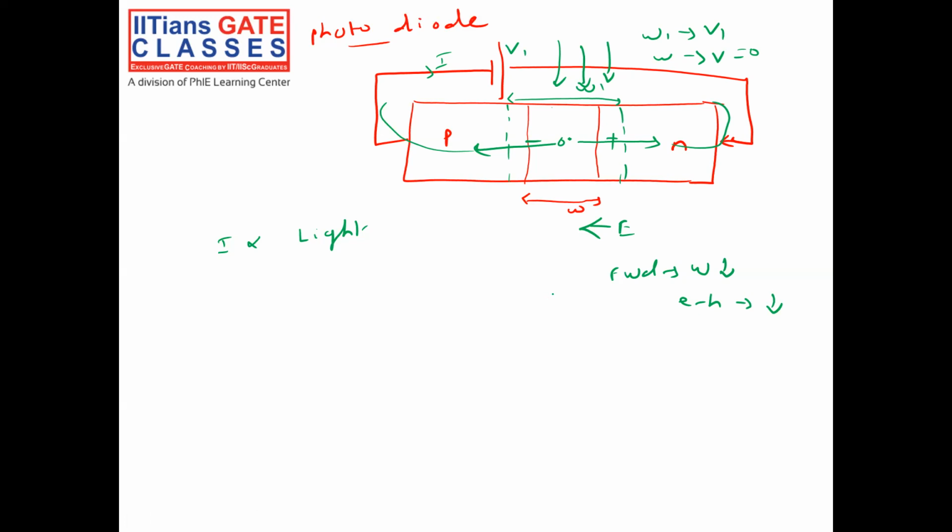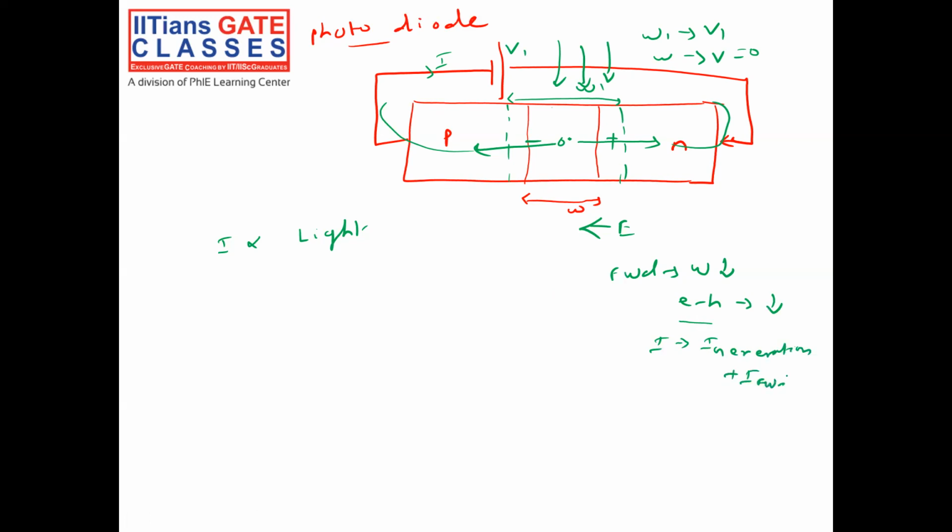Also, with forward bias, apart from the generation current, there will be a forward current, so the total current is I generation plus I forward.